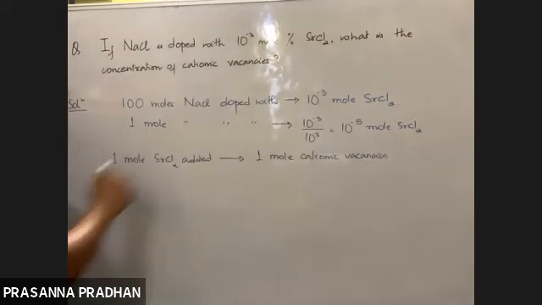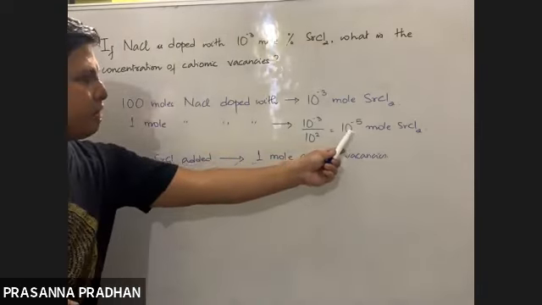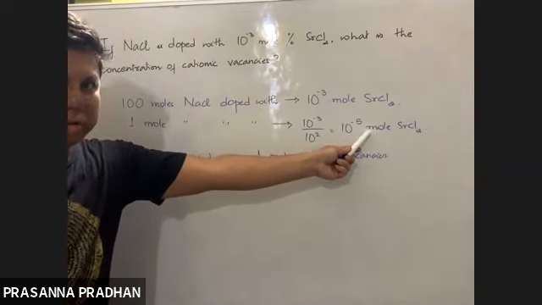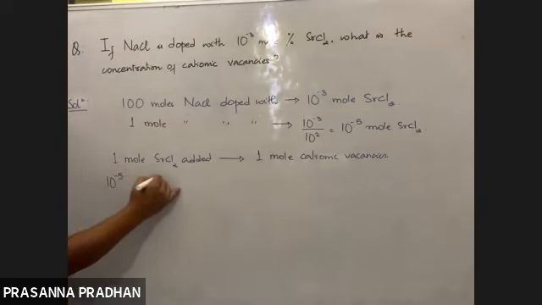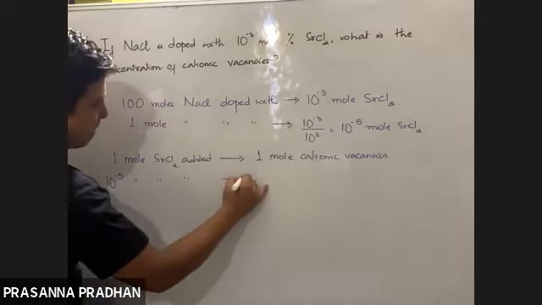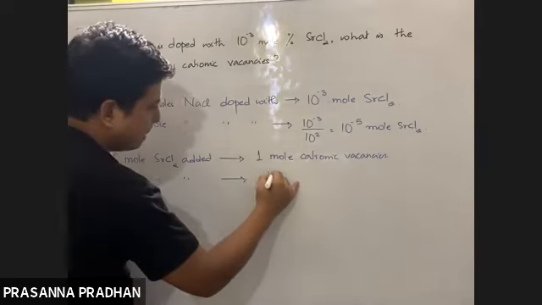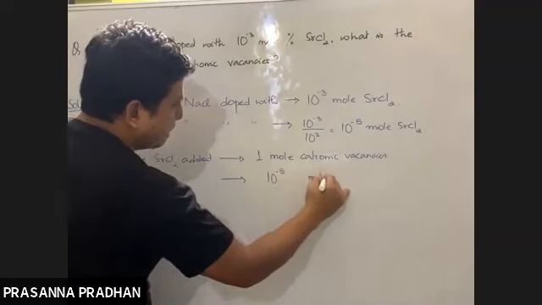Here per 1 mole of NaCl, 10 to the power minus 5 mole strontium chloride is added. So 10 to the power minus 5 mole strontium chloride add करोगे तो how many cationic vacancies? 10 to the power minus 5 mole.